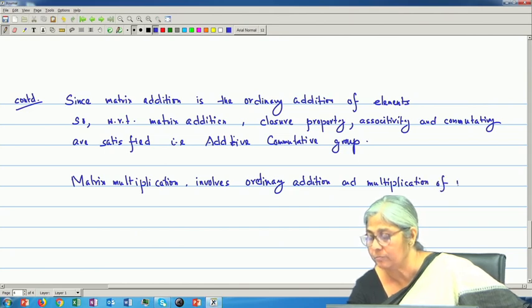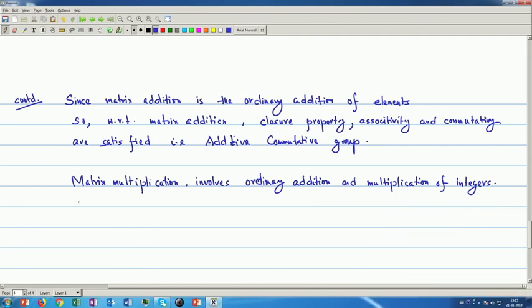So, the closure property and associativity are satisfied.